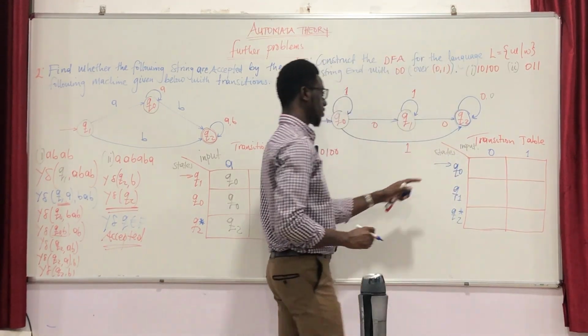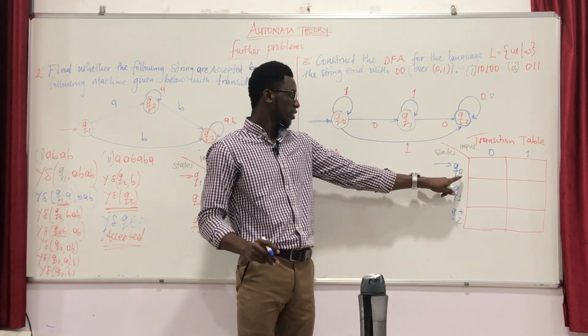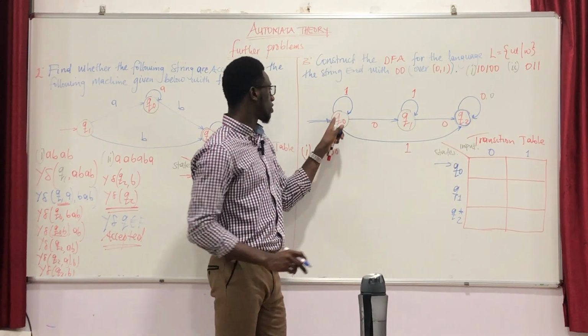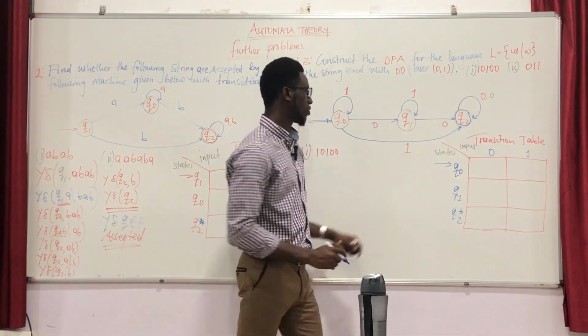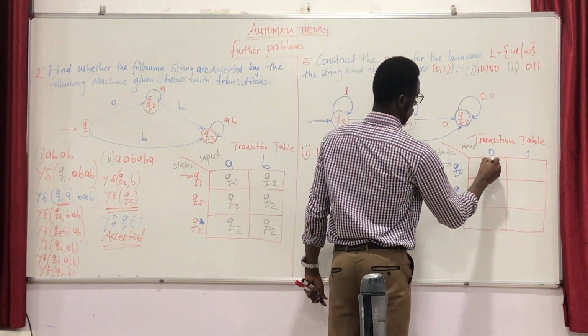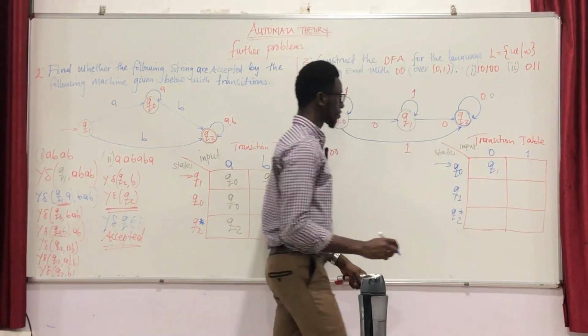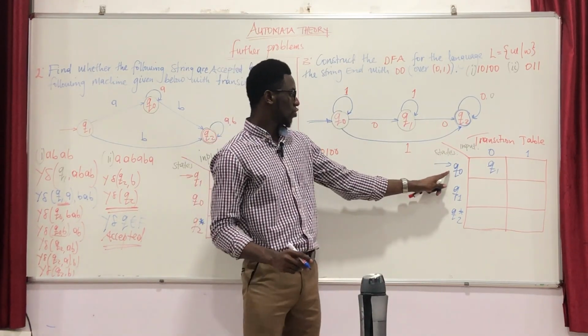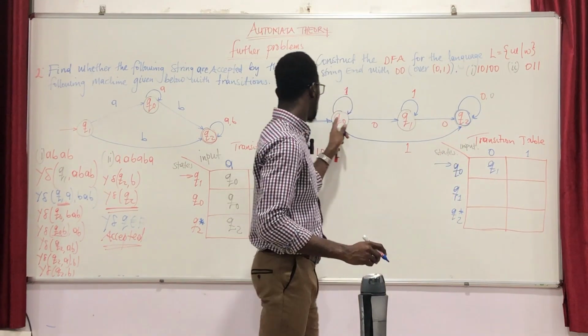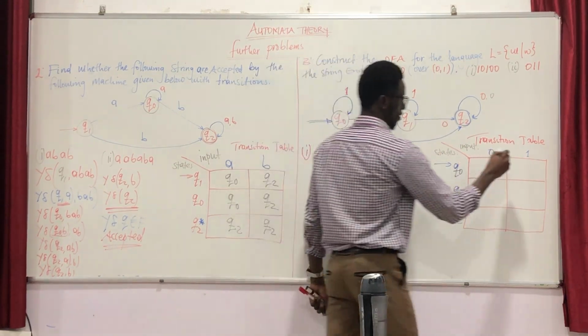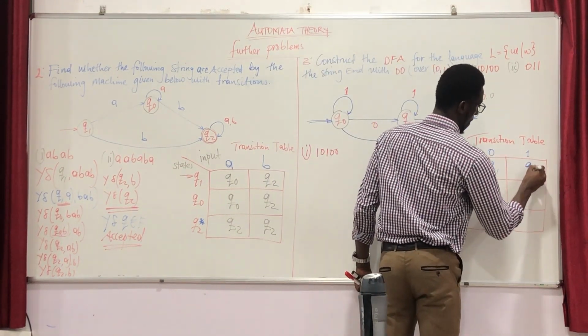Q0 on 0 is Q1, so this will say Q1. Q0 on 1, what is it? Q0 on 1 is Q0.